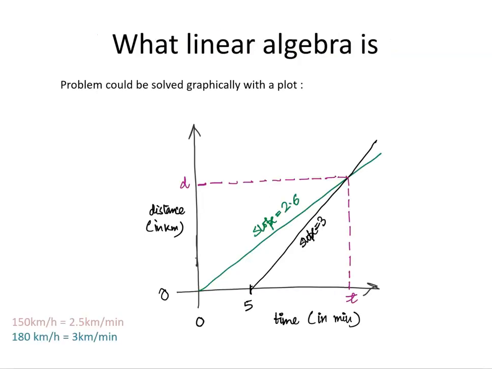So if we plot this in a graph, we see Wasim is traveling at a speed of 180 km per hour, that is slope 3, and there's a head start given to the bank robber, and it's going with the slope of 2.5, and Wasim has a slope of 3, and then Wasim is able to catch hold of this bank robber at one point.